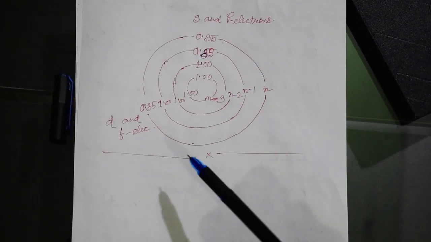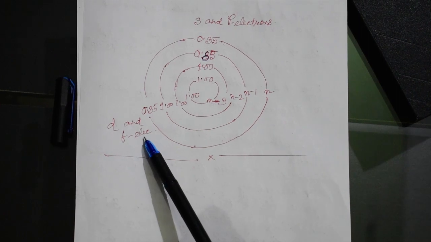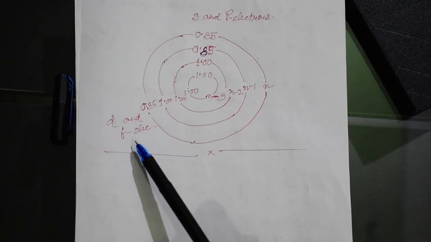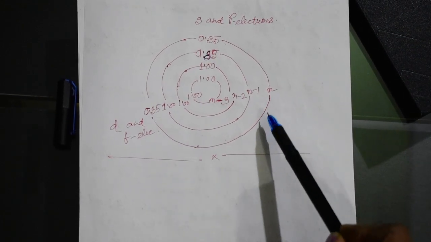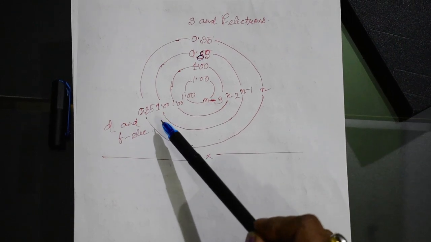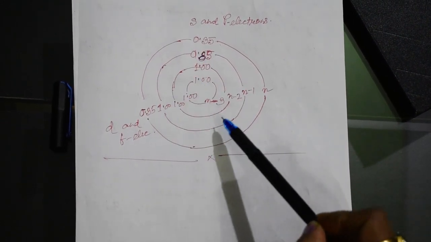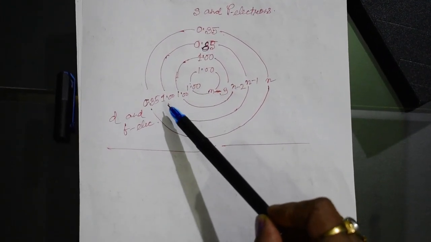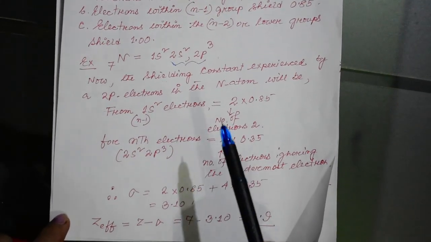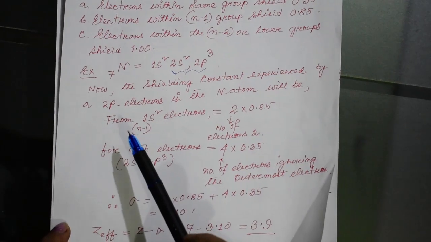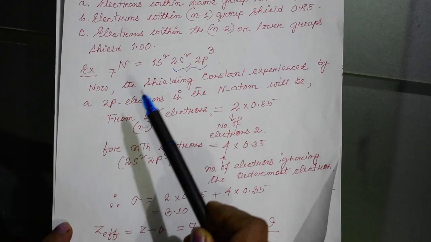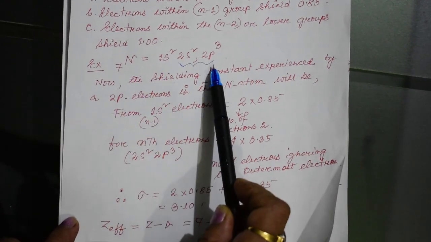And if we consider the d and f electrons, to calculate the screening constant, the nth shell contributes 0.35 and all the other shells contribute 1.00 to the screening. Now, to calculate the screening constant experienced by the 2p electron in the nitrogen atom, at first we have to write the electronic configuration like this.